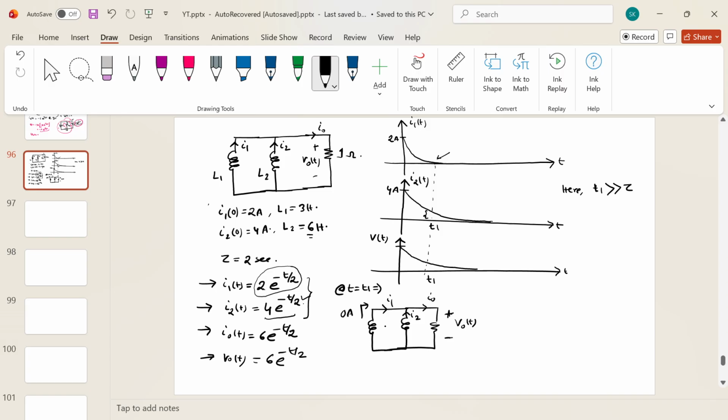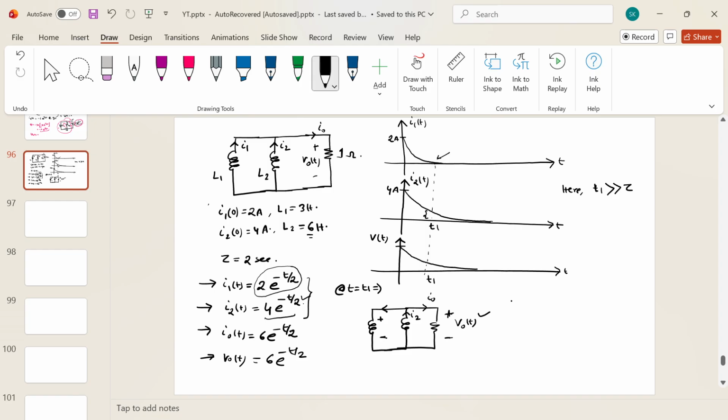At the same time, you have this positive voltage. Now, what will happen? Because you are getting positive voltage across this inductor, current will again start to build up, but in the opposite direction, because you got positive polarity here and negative polarity here. So current will build up in this direction, and it will be exponential in nature, because your voltage itself is exponential in nature.